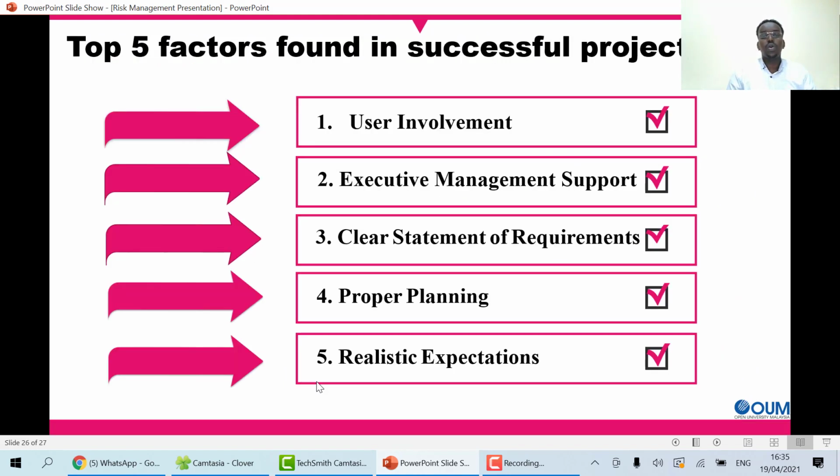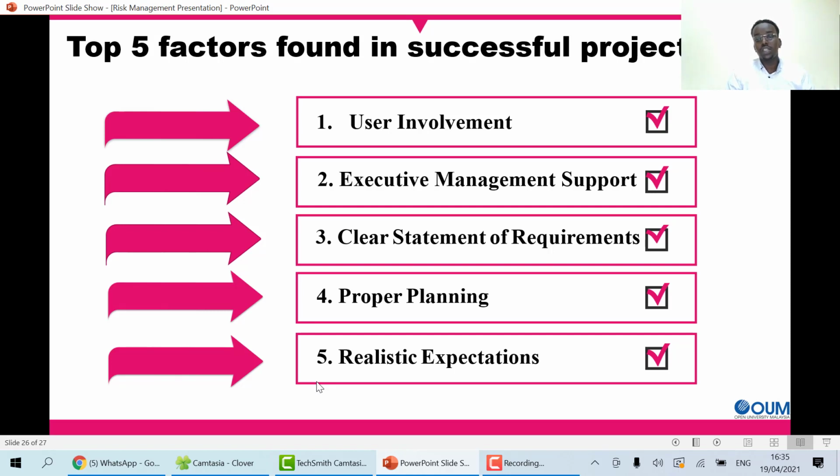Also, there are top five factors found in successful projects. The first one is user involvement, or how the users of this program take part in the project. The second is executive management support, how the executives, stakeholders, or managers support the project activities.